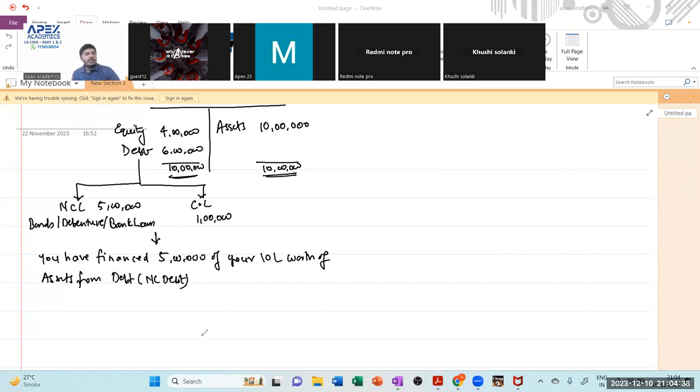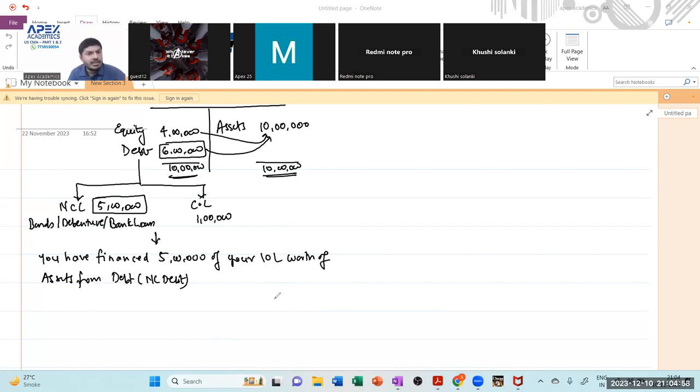Can I say this statement? See, your non-current debt of bonds is sitting here in this 6 lakhs, and these are translating into your assets. So can I say that 50% of your assets are purchased from debt? Yes or no? Please tell me that.